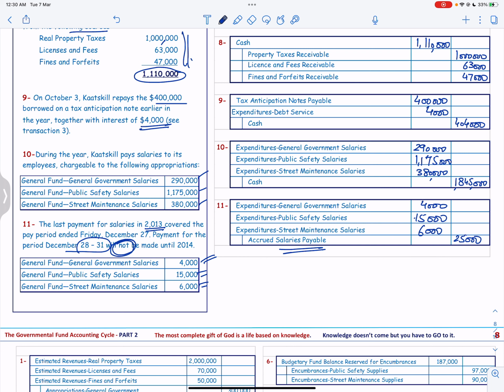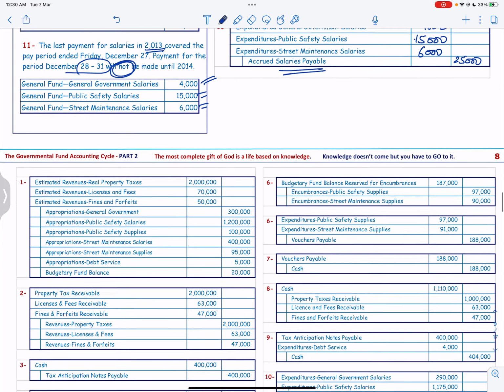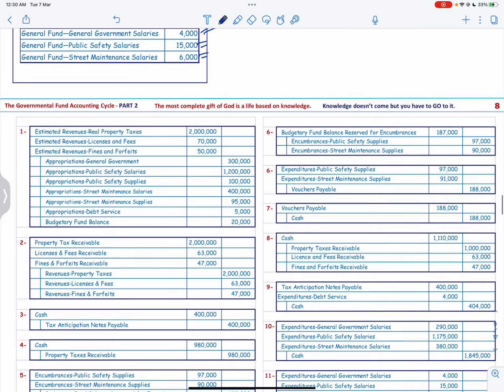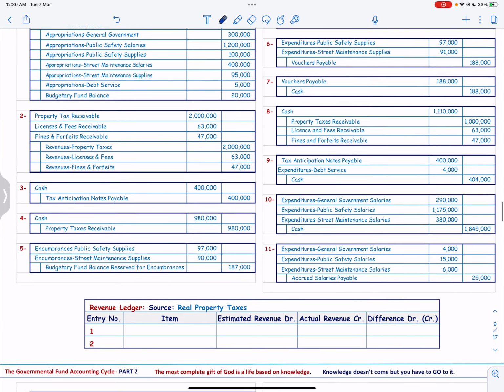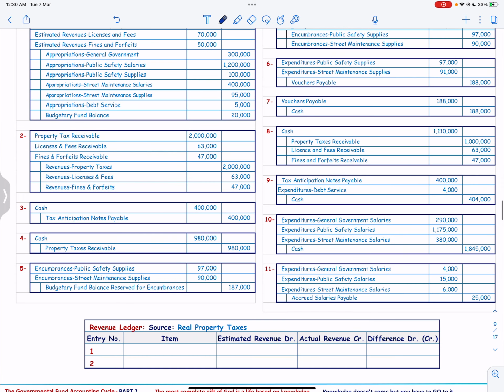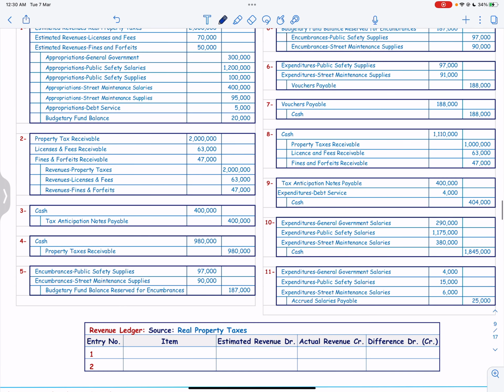Next, let us prepare the budgetary control ledger accounts for estimated revenues and appropriations, and we will first make the budgetary revenue ledger account for real property taxes.